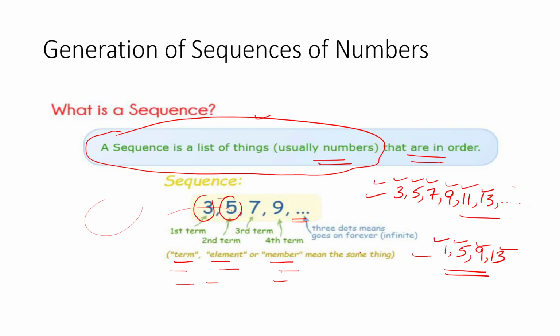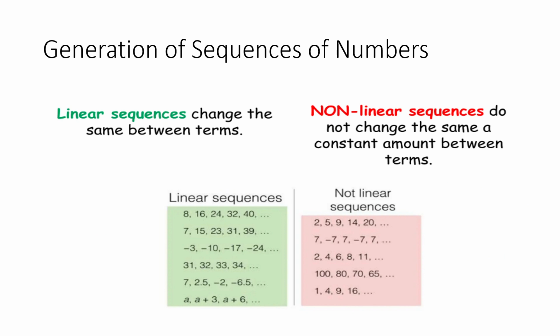Now we will move to the next one, very important: what are linear sequences and what are non-linear sequences. We will see one example: 8, 16, 24, 32, 40. Is this an infinite or a finite sequence?